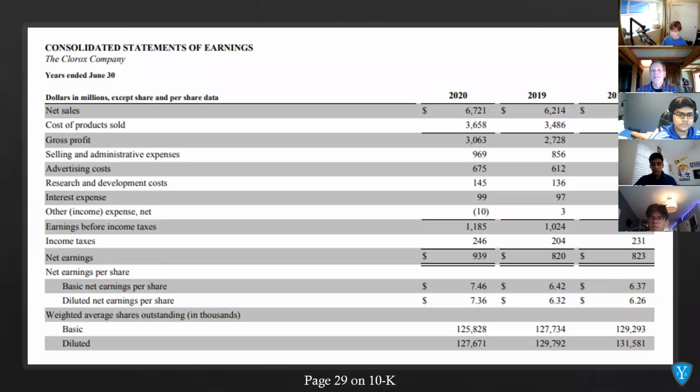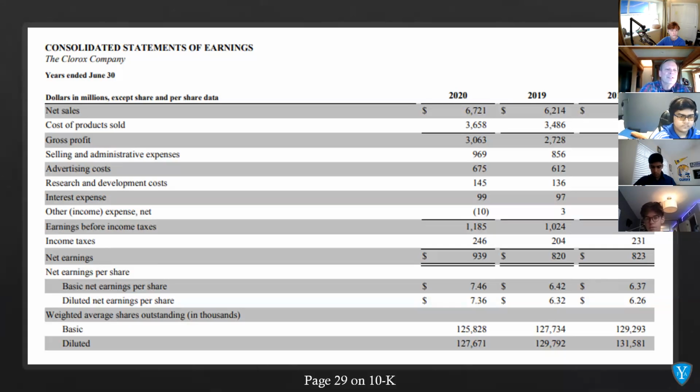So rather than reporting in individual dollars, these are all reported in millions of dollars. That is telling us that if you look at the first line here, net sales of 6,721, that 1 at the end of that is 1 million. So the sales that we're reporting on here are actually $6,721,000,000 of sales that they had for that period of time.